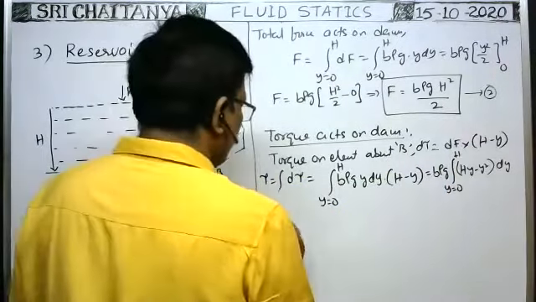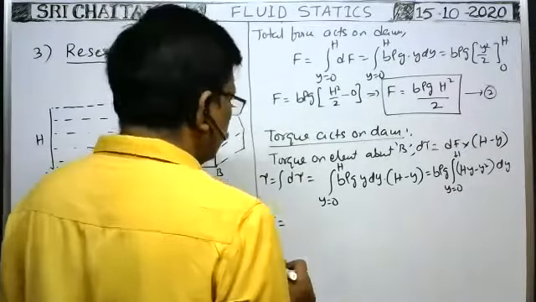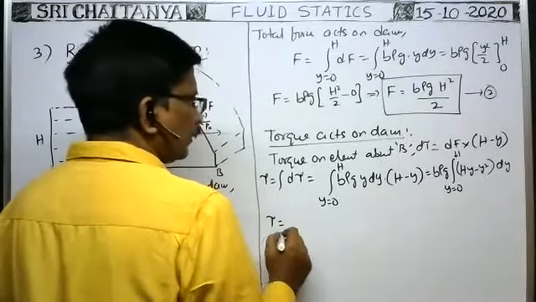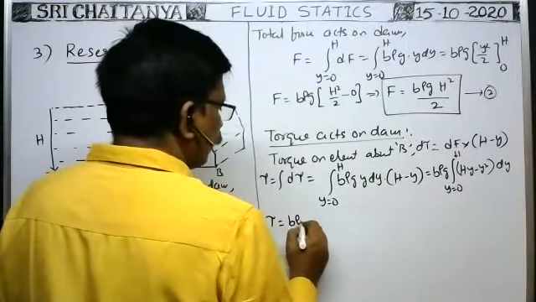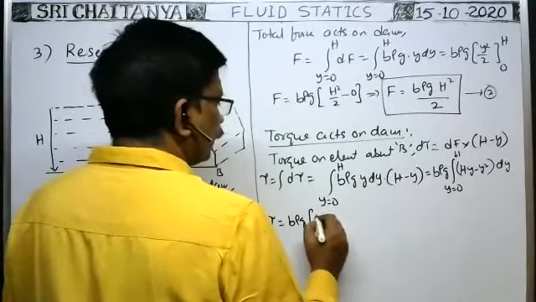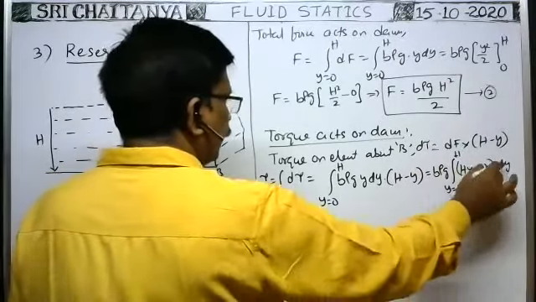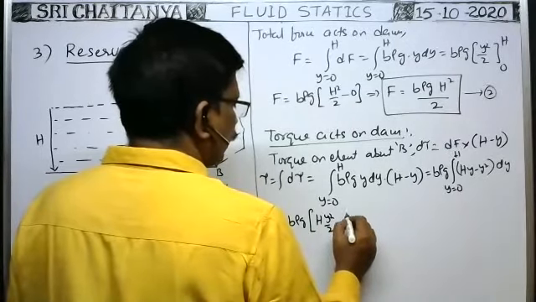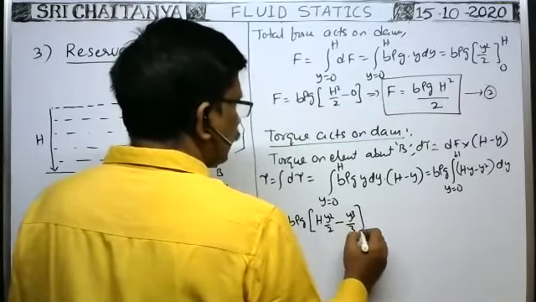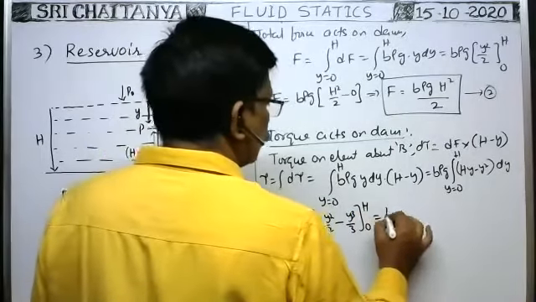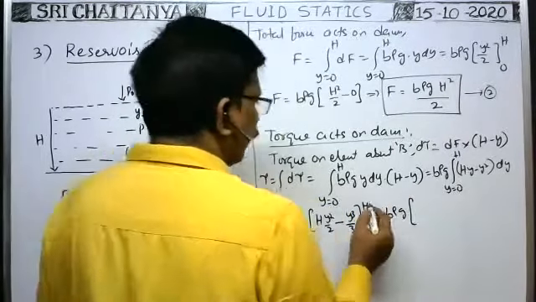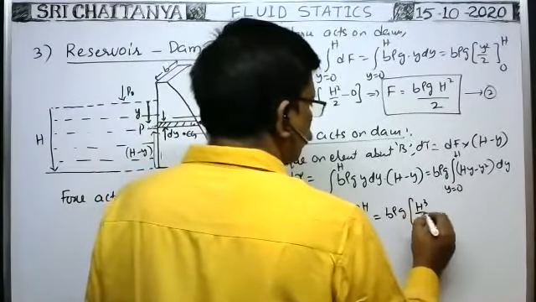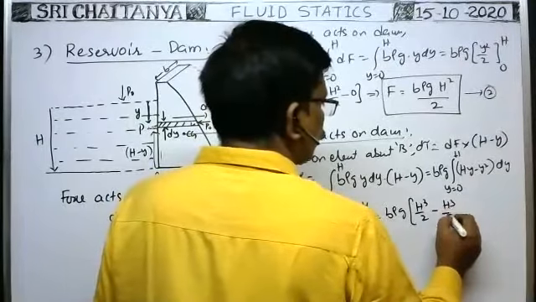Now integrate them. Therefore, the total torque acting on the dam is equal to B rho g into, after integration, capital H is constant, into integral y dy, meaning y square by 2, minus integral y square dy, meaning y cube by 3, limits 0 to capital H. That is equal to B rho g into, when you substitute the upper limit, H cube by 2 minus H cube by 3.